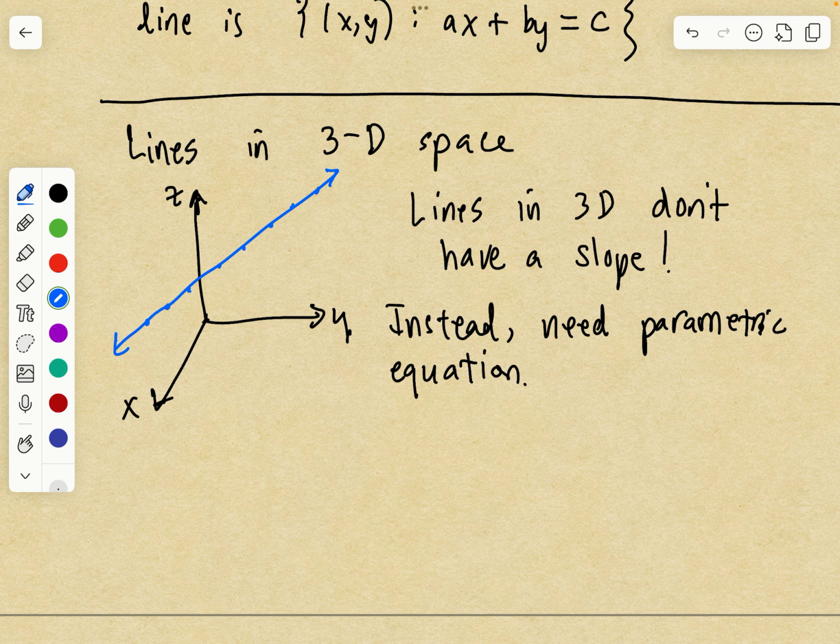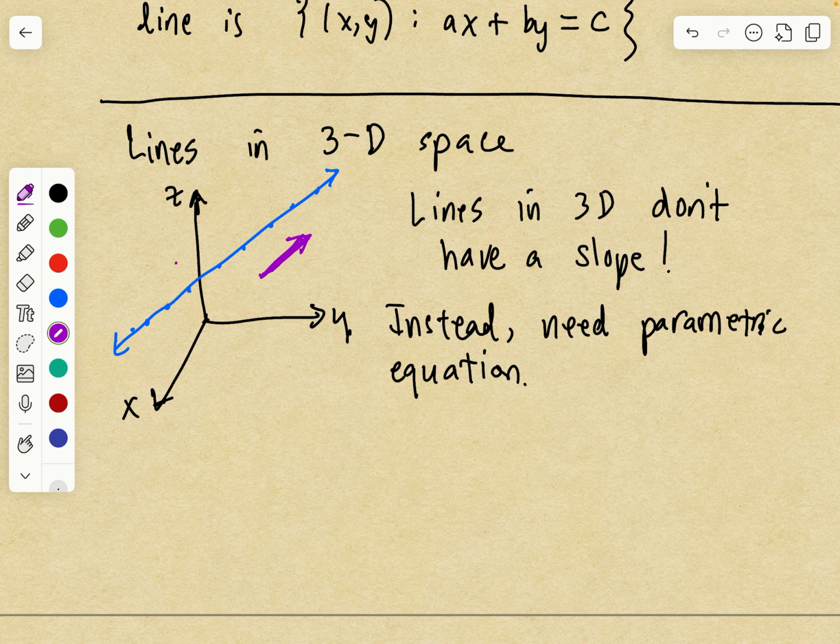And lines, instead of a slope, have a direction. They have direction vectors. A direction vector of a line is just any vector that's parallel to the line. If you take a vector like that, parallel to the line, that would be a direction vector of the line.